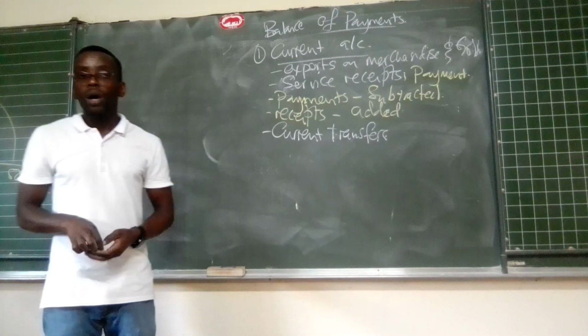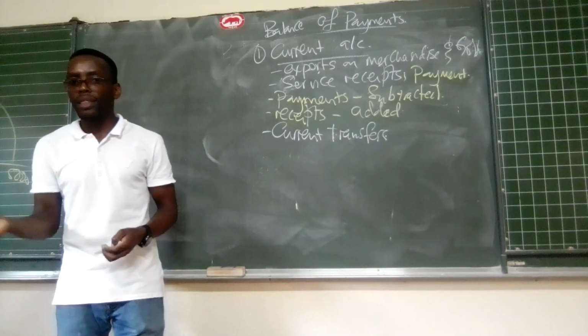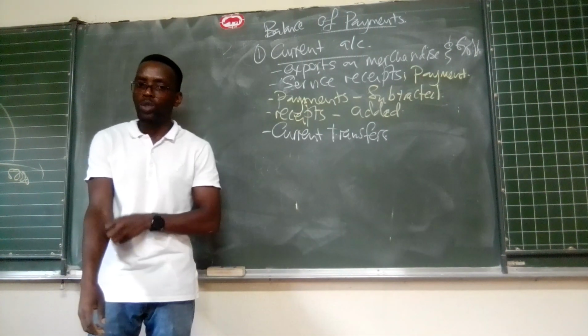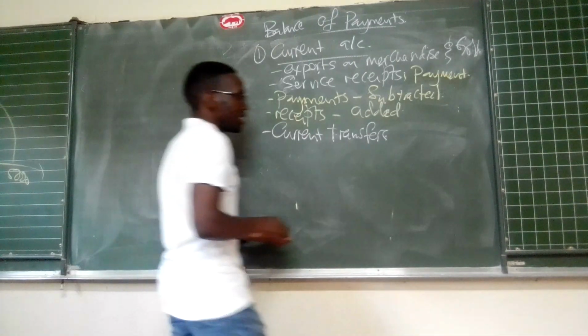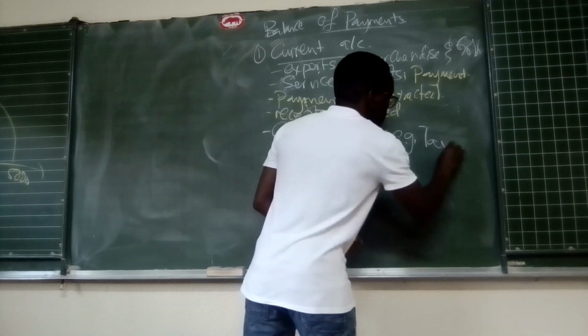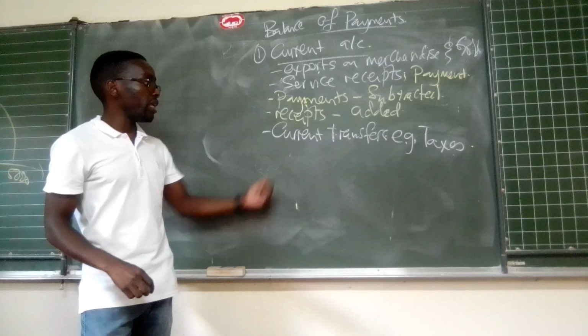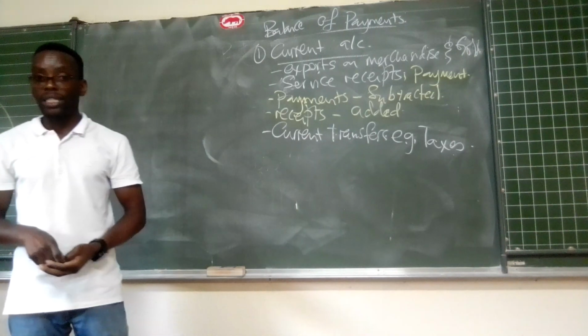For example, we are looking at things like donations to charity, and taxes that are deducted from our salaries. They form part of our current transfers.